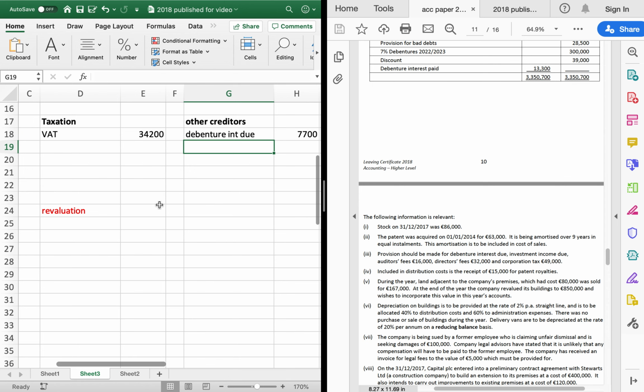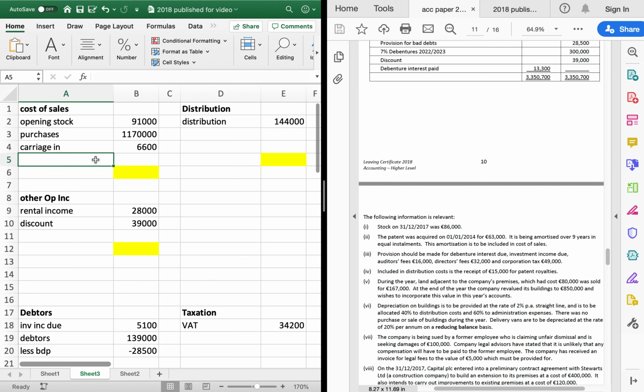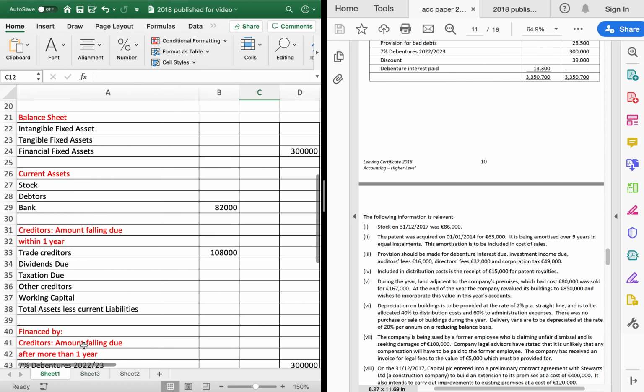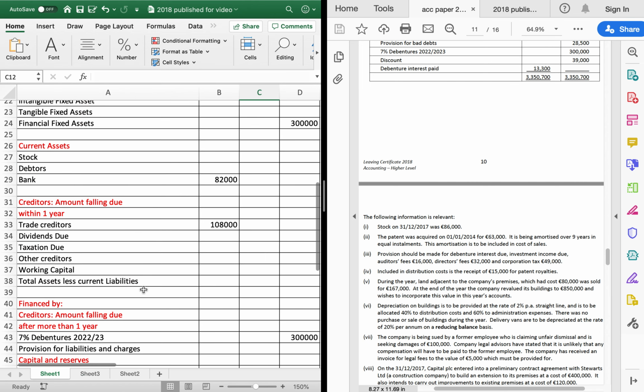So stock, 86,000. So that goes in your cost of sales on your first page as a minus, obviously, and then it'll go in your current assets on your second page. So that's that one. Second one, patent was acquired for 63,000. It's amortized, which is written off over 9 years in equal installments, and it's to be included in cost of sales.